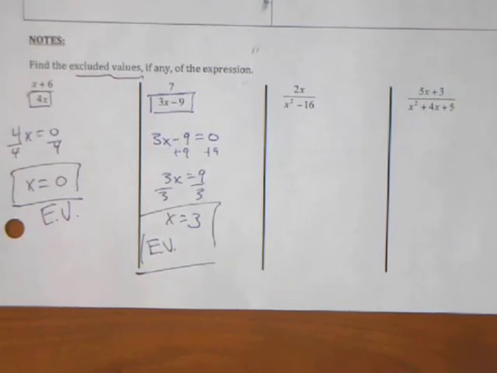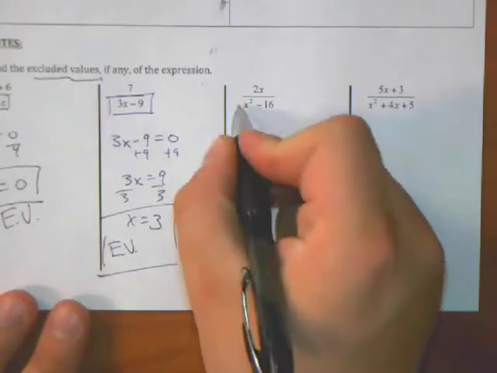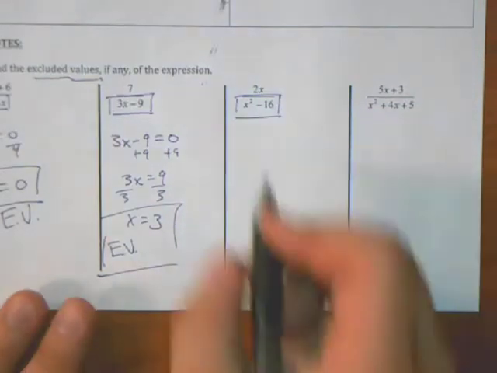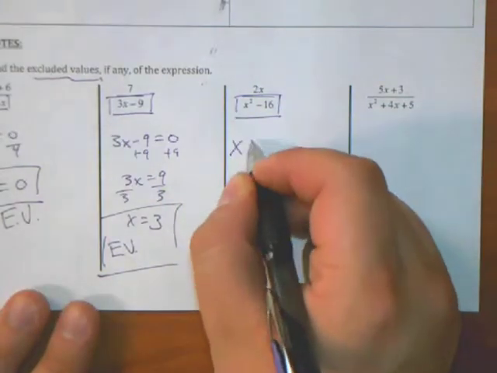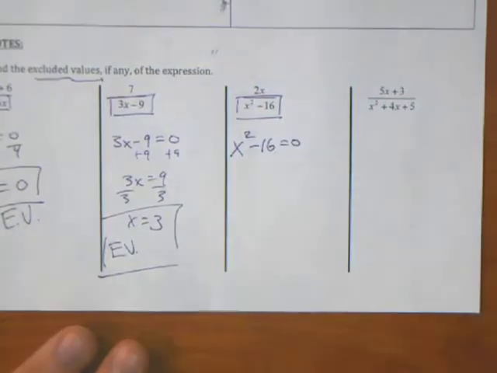So if what you're trying to do is find the excluded value, all you're looking at is the denominator. No matter how crazy and complex the numerator is, we don't care. All you care about is the denominator. So in this case, now a little more complex denominator, x squared minus 16. The excluded value or values will be when x squared minus 16 is 0.